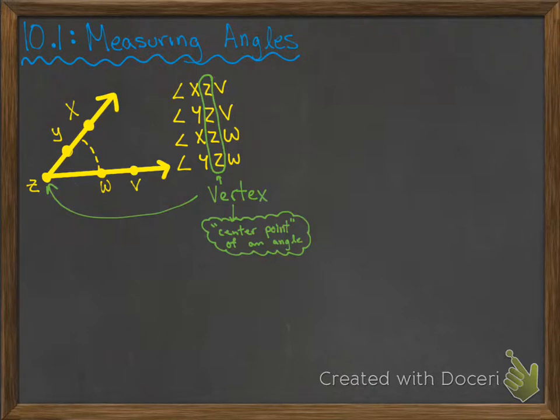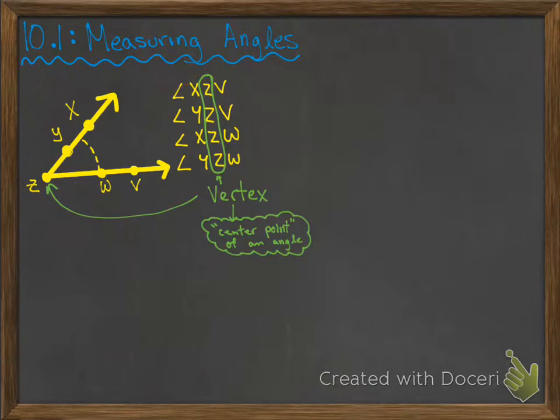When you see YZV, that means Y to Z to V. When you see XZW, X to Z to W. And notice that they're all the same angle because all of these points lie on the angle, okay? So the first variable is always one point on a line that makes up the angle.